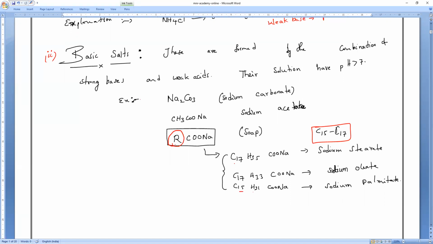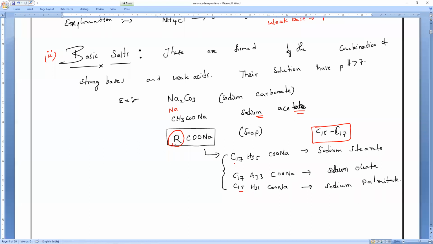There are so many salts you can take, like sodium hydrogen carbonate, sodium carbonate, and sodium acetate. These all are examples of basic salts. You can write that also. What is another name of sodium hydrogen carbonate? What is the common name?